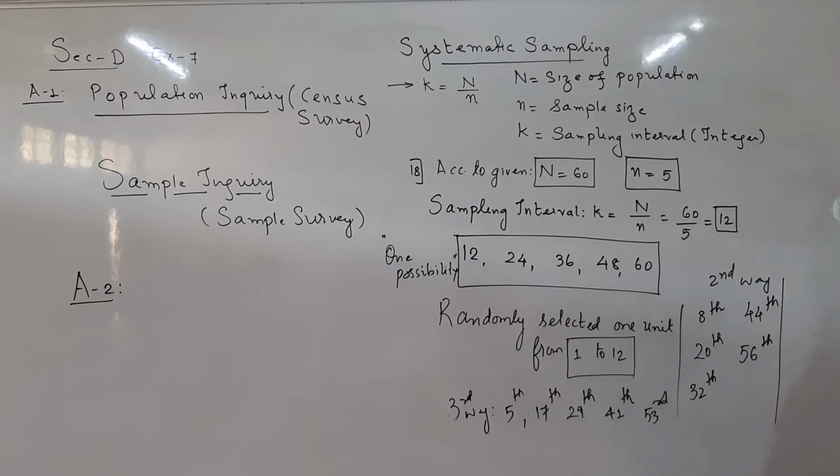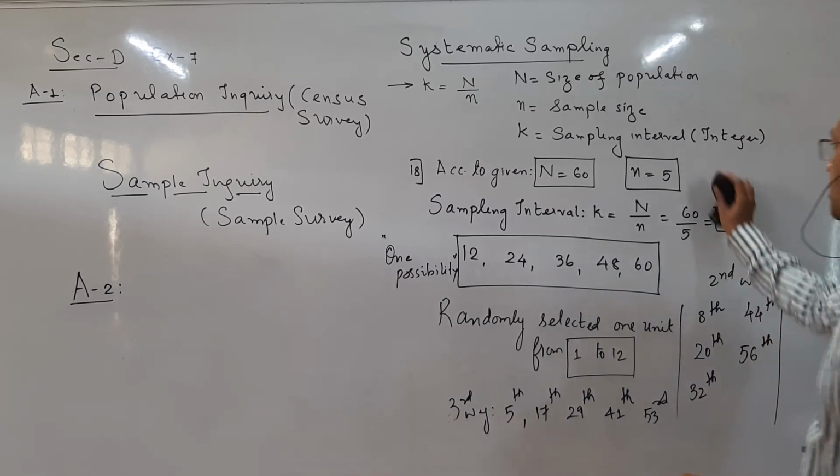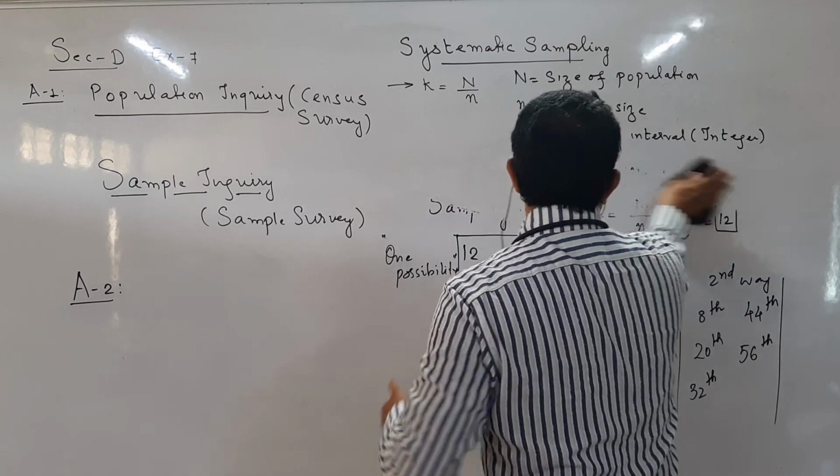Like this also I can take. The gap must be 12 and we can randomly select any one of the first 12 units. So you have multiple possibilities. If I take 4, then 4 plus 12 is 16, 16 plus 12 is 28, 28 plus 12 is 40, and 40 plus 12 is 52nd. So here we have multiple ways.